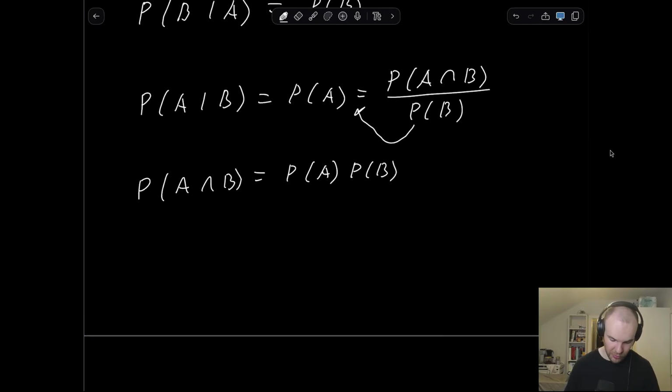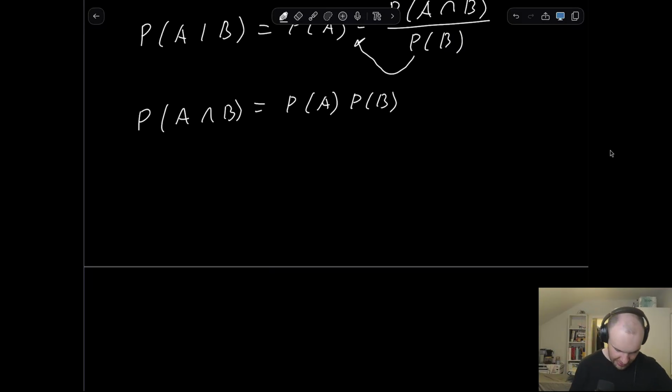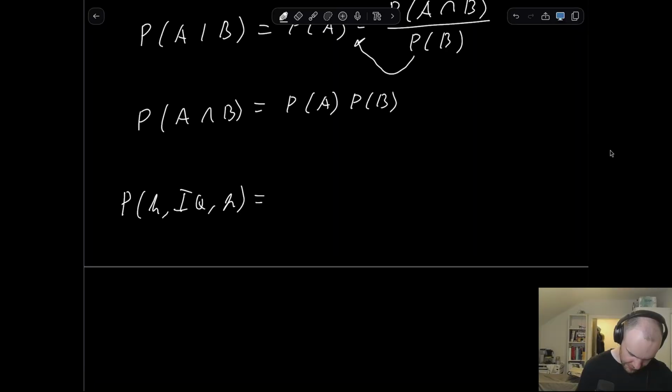So actually, in our case, the question that we are asking is the probability of height, IQ, and blood pressure. It is just the integral, let's say the integral was from 170 to 175, wasn't it? Yeah.